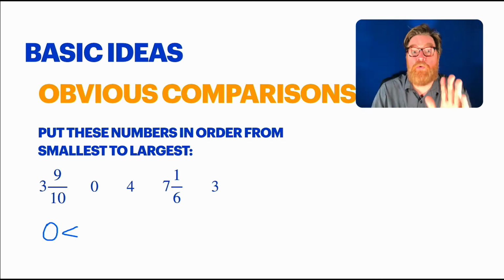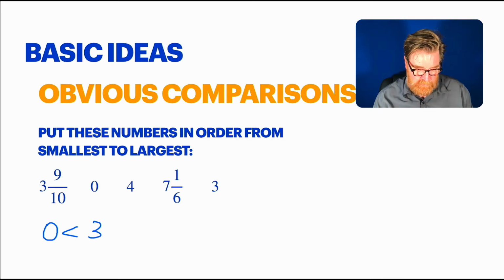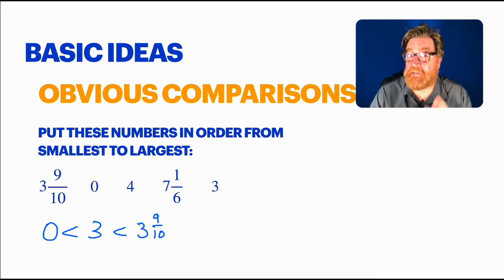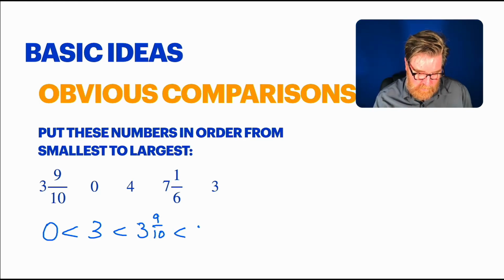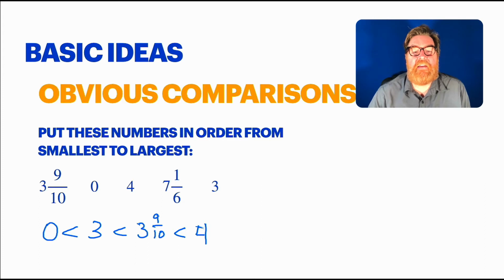One of them is only 3. So 3 is less than 3 and some more. 3 and 9/10. Now 3 and 9/10 is very, very close to 4, right? But not 4. 4 is the next one in line.